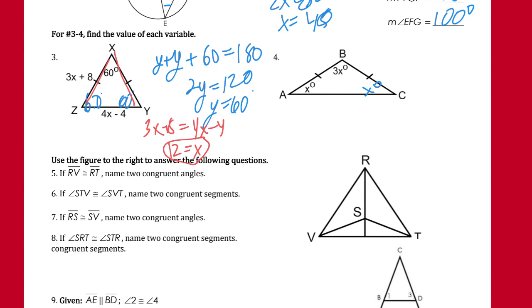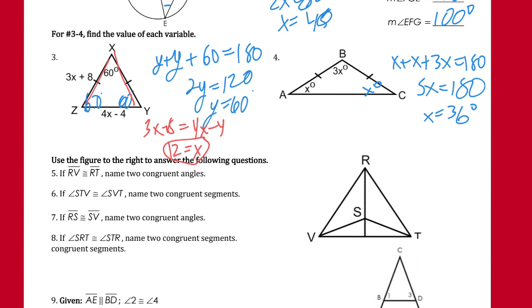So if you do x plus 3x equals 180, you're going to get 5x equals 180, and you're going to get x is equal to 36. And if they ask you to figure out what each angle would be, the bottom two angles would be 36, and then the top one would be 3 times 36, whatever that answer is going to be. Okay, and so you can evaluate that as appropriate.